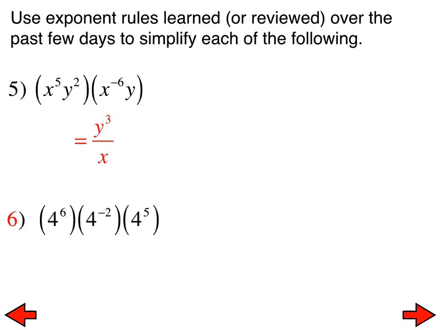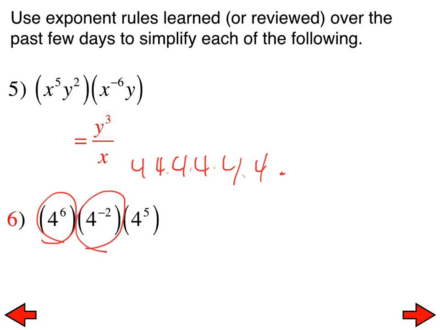If I think about this the long way, this is 4 times 4 times 4 times 4 times 4 times 4. 6 of them. I am multiplying that by 1 over 4 times 4. And this is 5 4s that we are multiplying together.